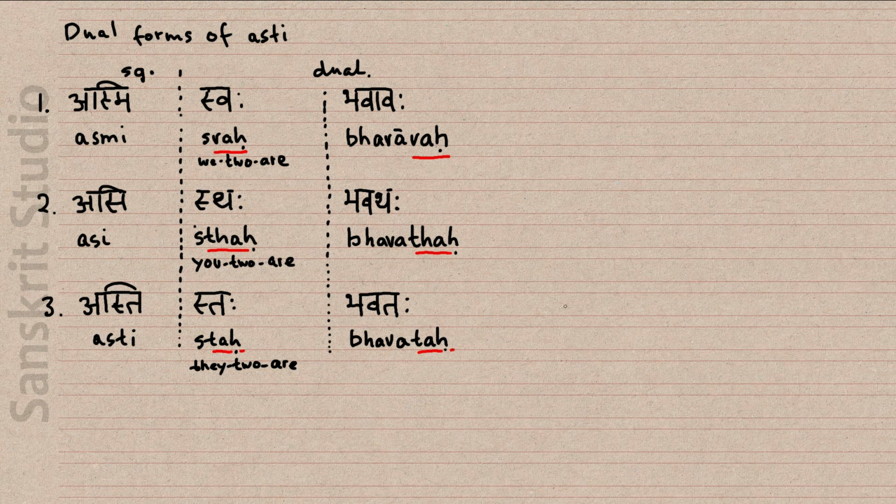Like that. All right. So we are now doing some examples. So now the time has come to combine the pronouns with the dual form of the verb asti. So let's start writing up sentence 1.